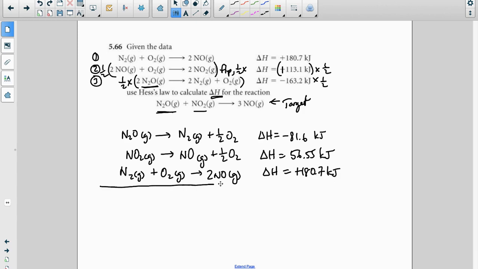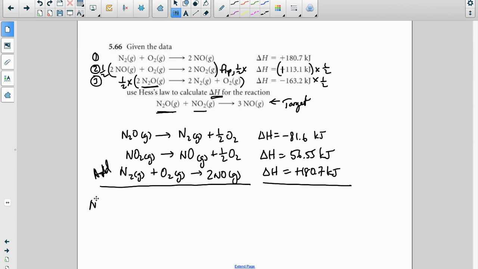And so now let's check and make sure that when we add these, we get our target equation. If we don't get our target equation after adding these, we have done something wrong. Or maybe we messed up something in writing down these steps. So let's see. N2 appears on the right and the left.